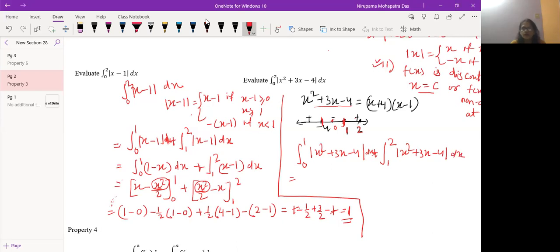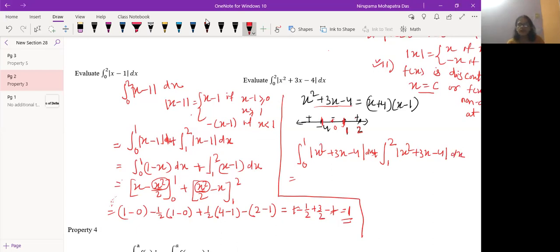Whenever it is greater than 1, on the right side of 1, it is positive. So when it is positive, you can take x square plus 3x minus 4 as it is. When it is negative, you take minus of this.